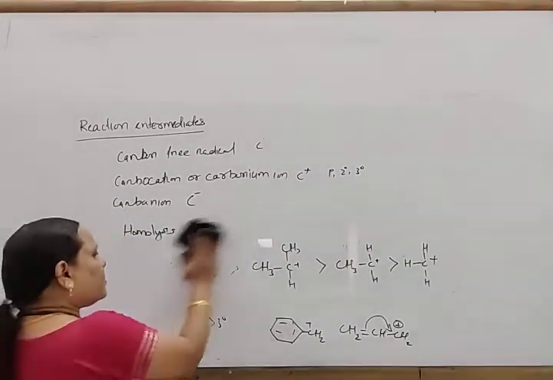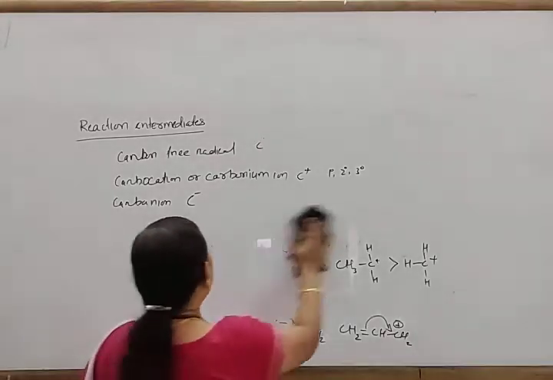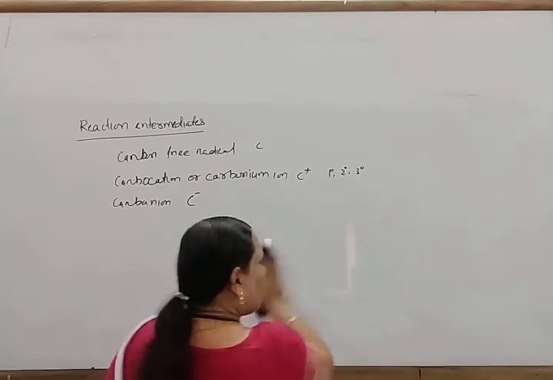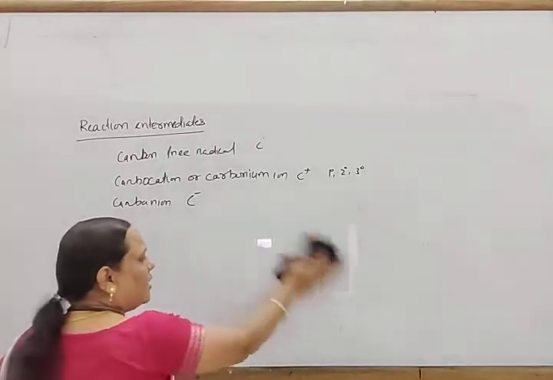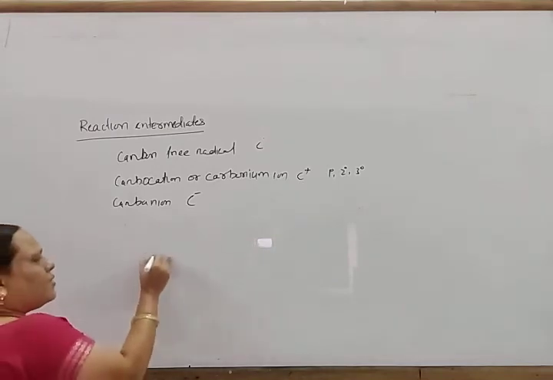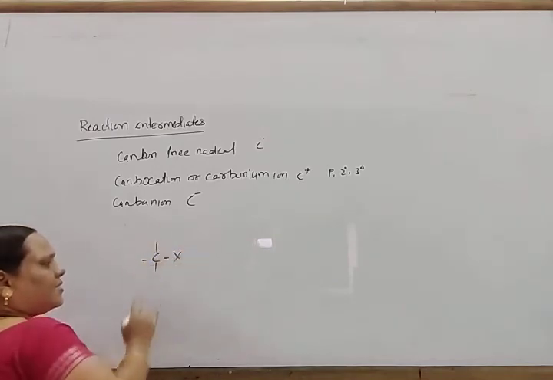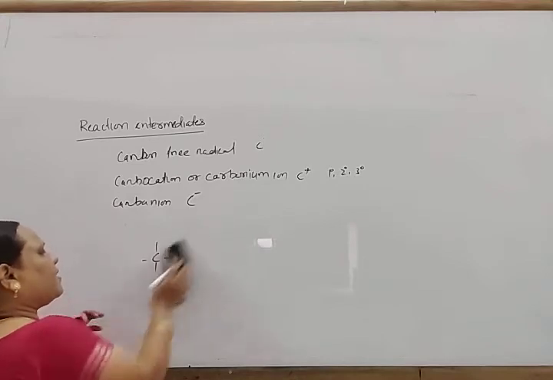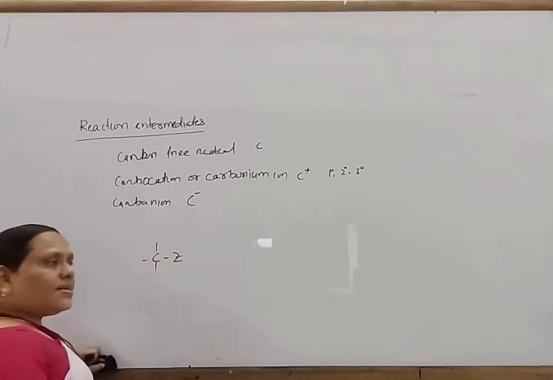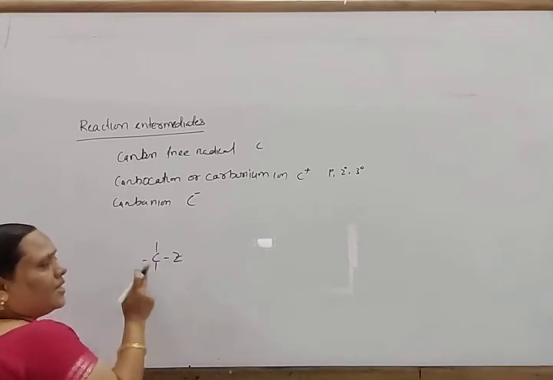Okay. Next we come to another reaction intermediate, known as carbanion, a carbon atom carrying negative charge. Here, instead of X, because for X we write halogen, which is more electronegative, suppose we write Z, any group that is less electronegative than carbon.